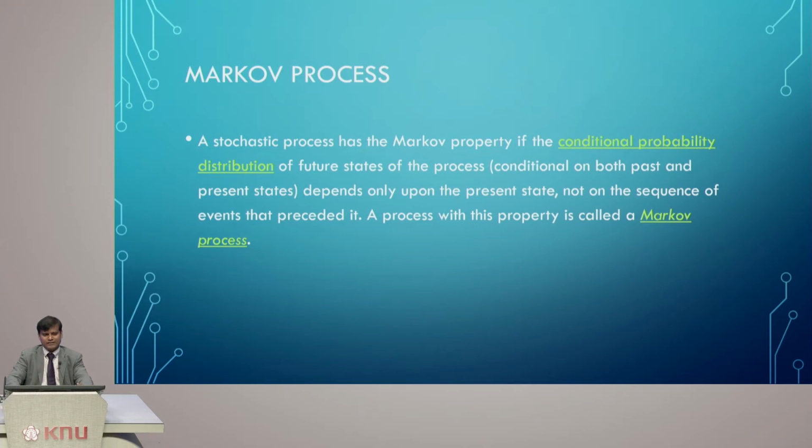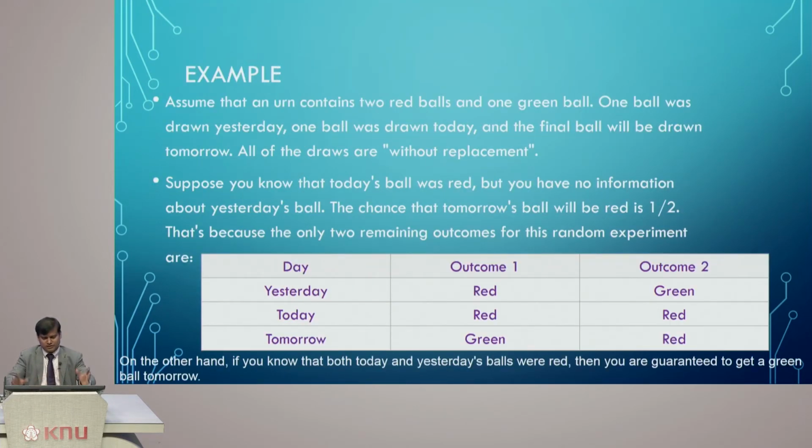We can fully understand that they don't have memory, they don't care about past historic information. All it needs is the present state, and based on the present state we can predict the future states. That's the simple process. Before going into the Markov chain, I just want to highlight what a conditional probability is.